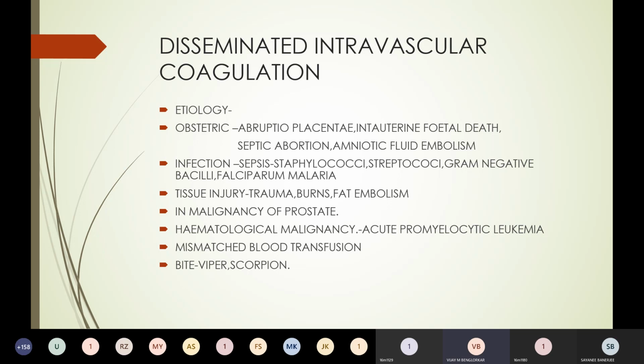A person receives blood for anemia or during pregnancy, and suddenly a mismatch occurs and gives rise to disseminated intravascular coagulation. Any bite, particularly snake bite due to viper or scorpion, can present with DIC.